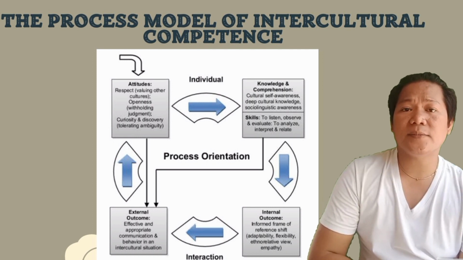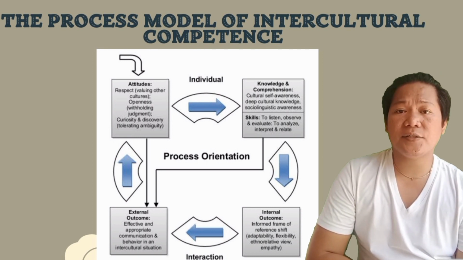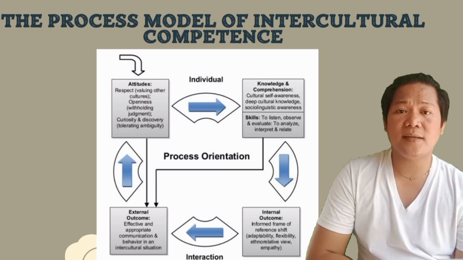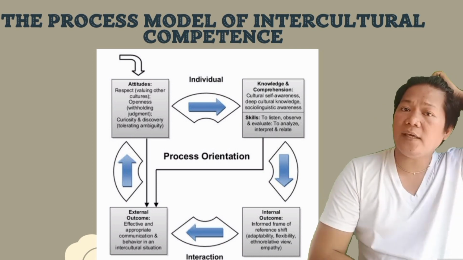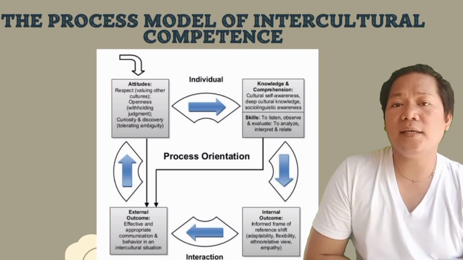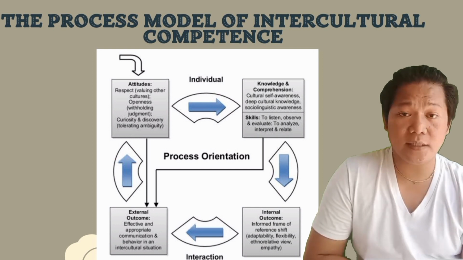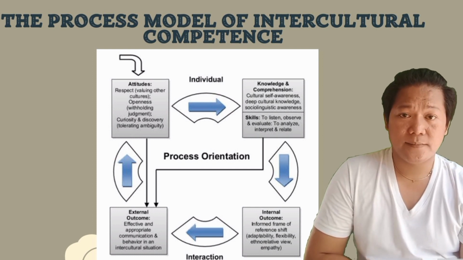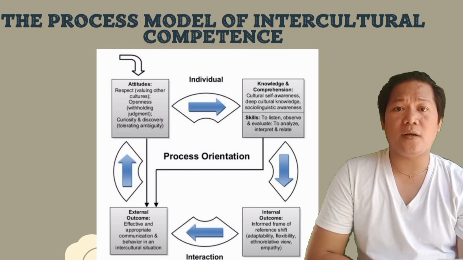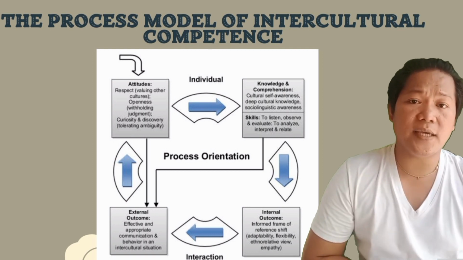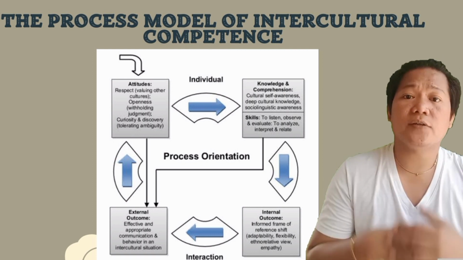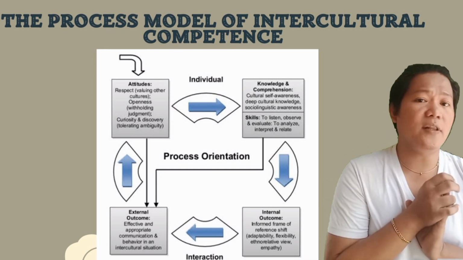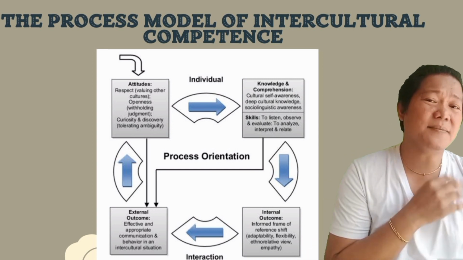So, her graphic also specifies desired external outcomes that can be assessed, for example, by behaving and communicating appropriately and effectively in intercultural situations. So in Deardorff's words, her model provides a holistic framework for intercultural competence development and assessment.